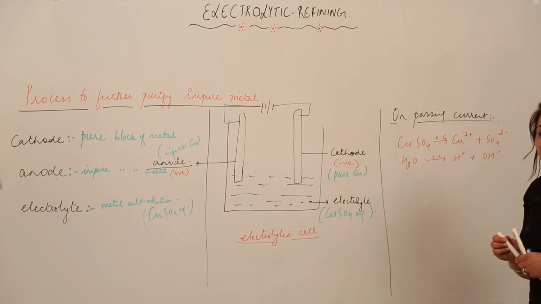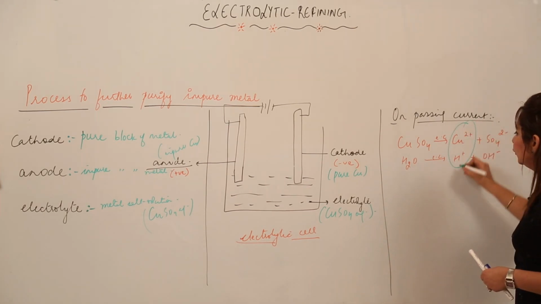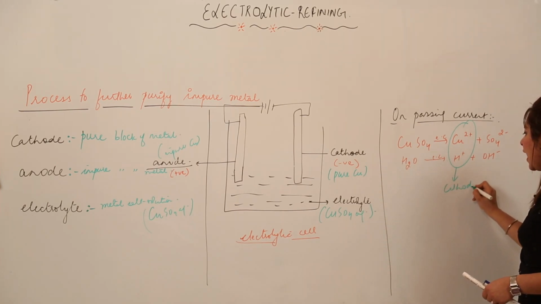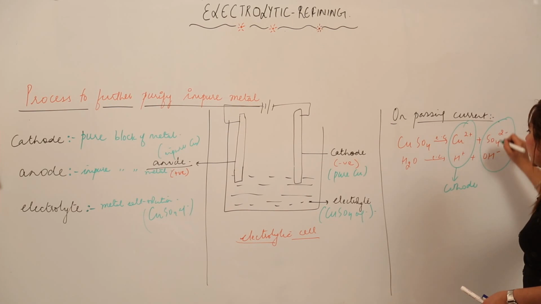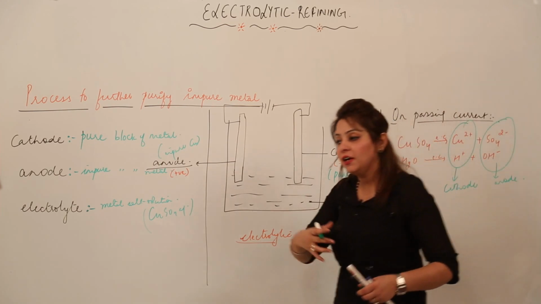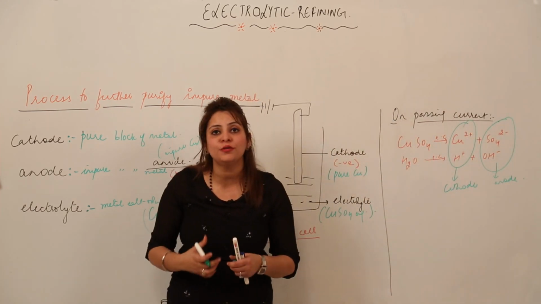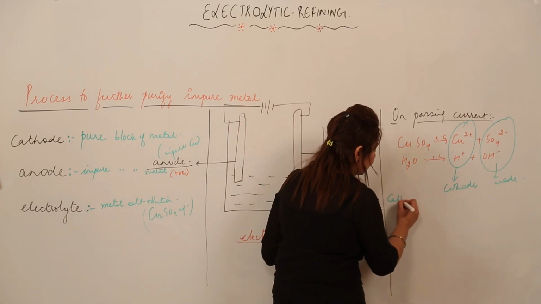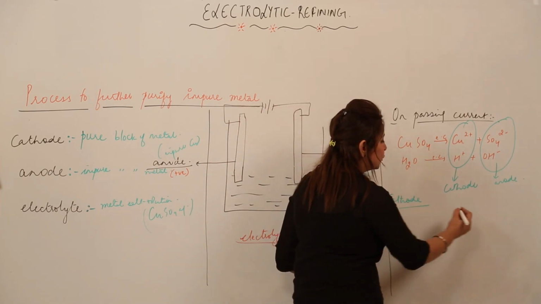Now as you know that the positively charged ions move to the negatively charged pole, that is the cathode, and the negatively charged ones move to the positively charged pole, that is the anode. And there they perform their general basic reactions of oxidation and reduction. So what kind of reaction do we get to see at cathode, and what kind of reaction do we get to see at anode?